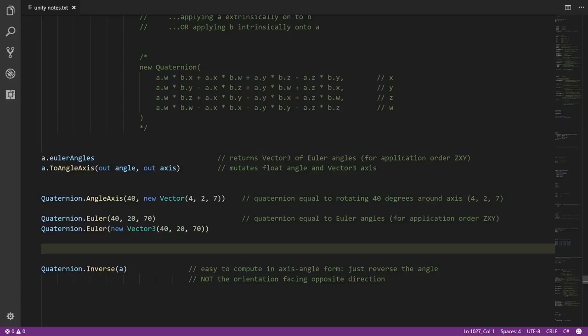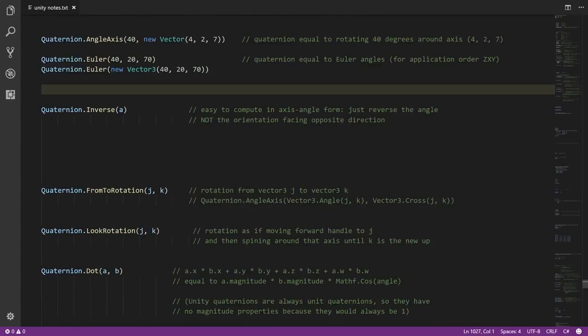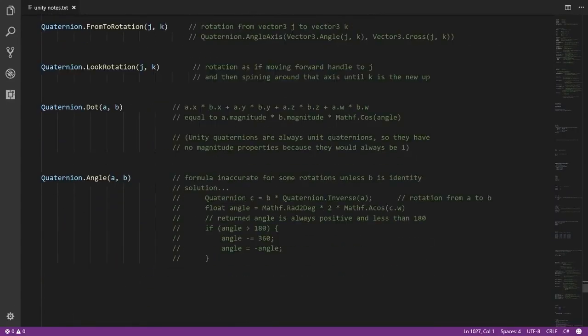To go the other way around, we have the static AngleAxis method, pass in an angle as a float and a Vector3, and we get back a quaternion, which is equivalent to that axis angle rotation. And likewise, if we want to get a quaternion from an Euler angle representation, again, extrinsically applied in the order z, x, y, you can do so passing in the x, y, z values just as three separate arguments, or packed together in a Vector3, and we get back the equivalent quaternion.